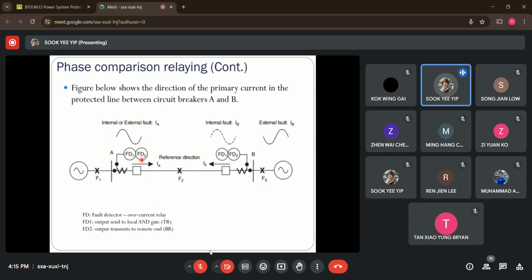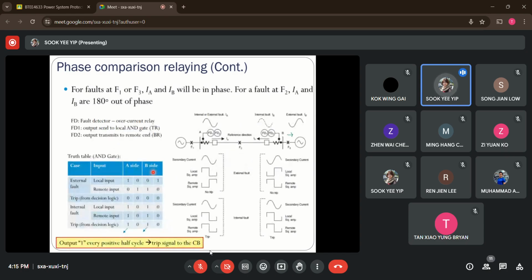Fault detector 2 you can treat as working similarly to the blocking relay. It will turn on the communication port and send the signal to the other end of the line. So these would be the typical components you can see for the phase comparison relaying system.